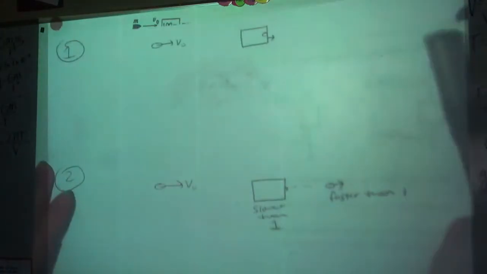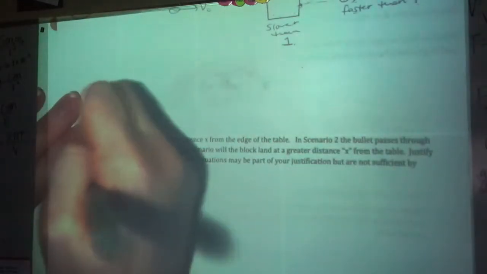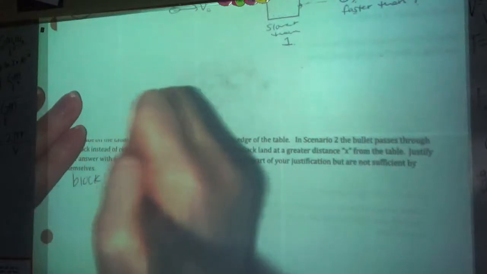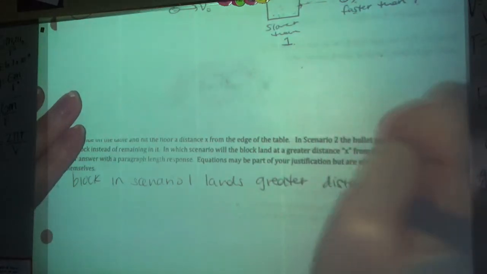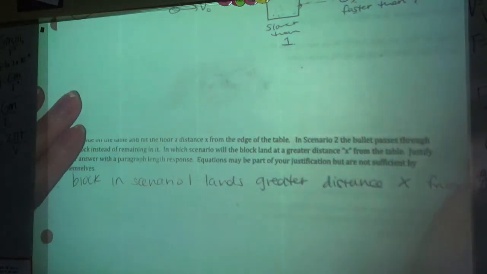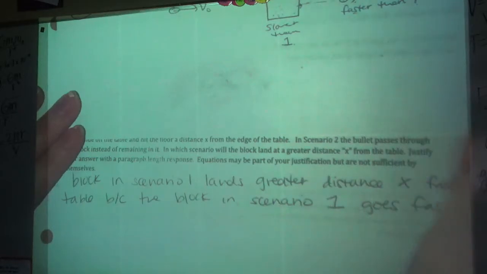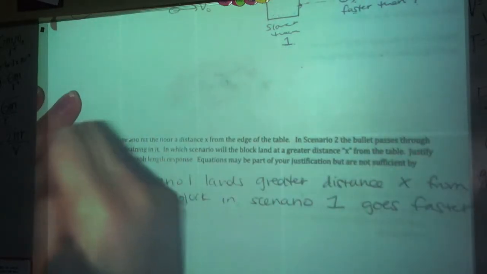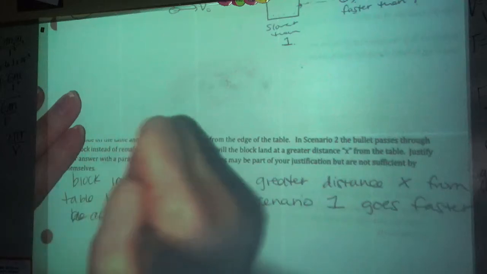So then my paragraph length response is: I said that the block in scenario 1 lands a greater distance, x, from the table because the block in scenario 1 goes faster after its collision with the bullet.